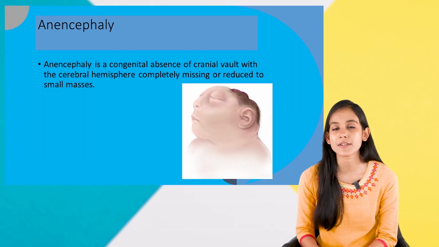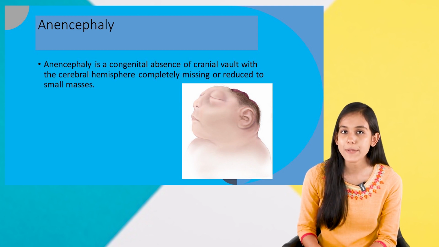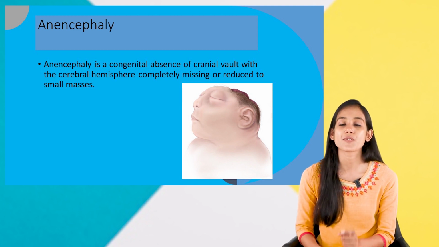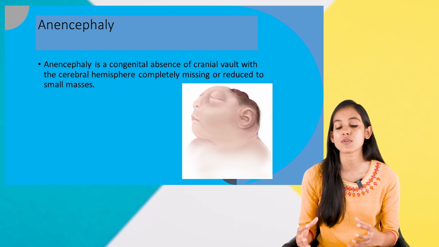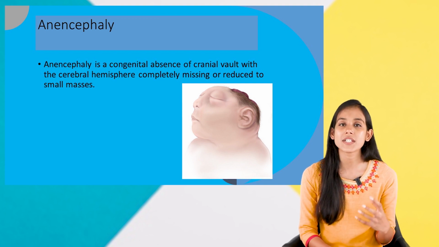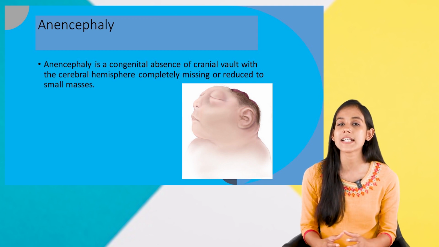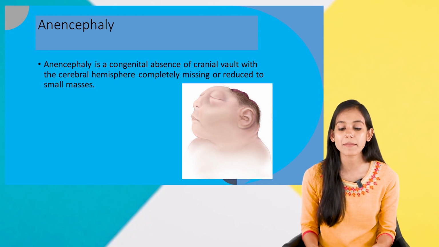Next, we would see, if it affects the brain, what are the different types of neural tube defects. So the first one is anencephaly. Now, this is a congenital absence of the cranial vault. So here in anencephaly, you can see in the picture that there is absence of the cranial vault, and also of the cerebral hemisphere.